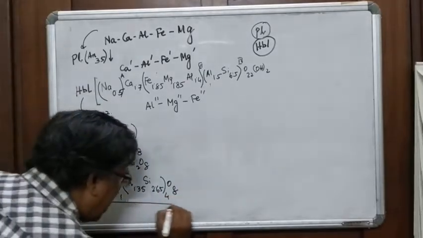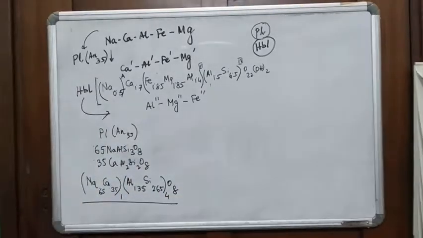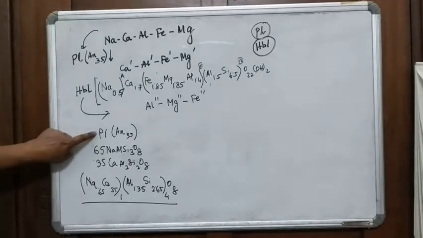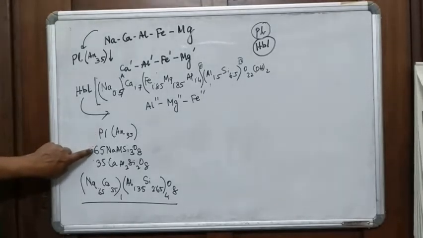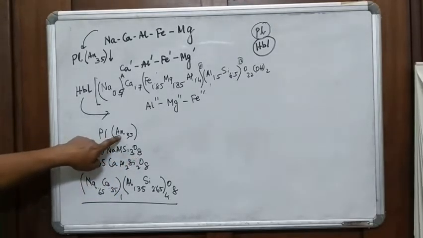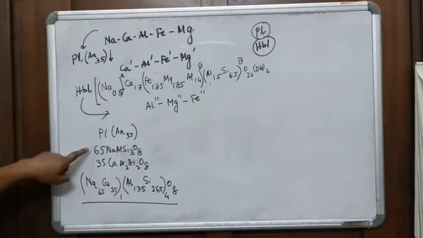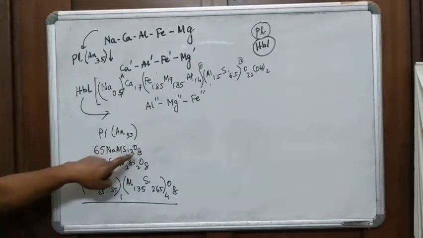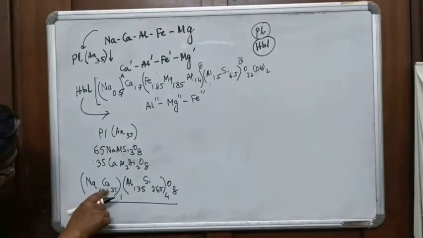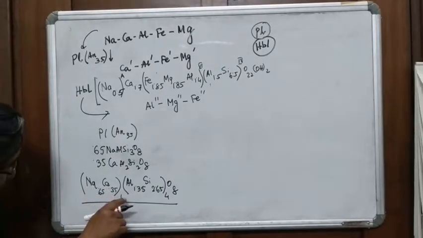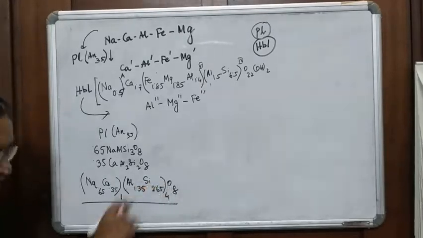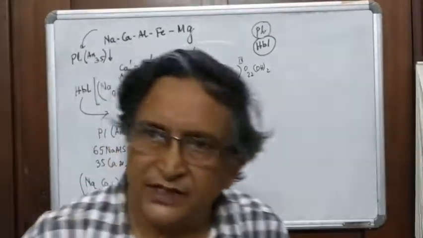So this is your composition of the plagioclase, which you call AN35. So if you take a plagioclase AN35, 0.65 is albite, 0.35 is CaAl2Si2O8, and I multiply all of this by 0.65 and all of this by 0.35, so I will have Na 0.65, Ca 0.35, this total adds up to 1. And this 1.35 and 2.65 adds up to 4, and then 0.8. That's the composition of the plagioclase.